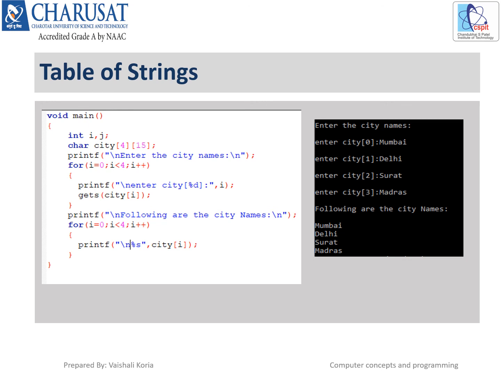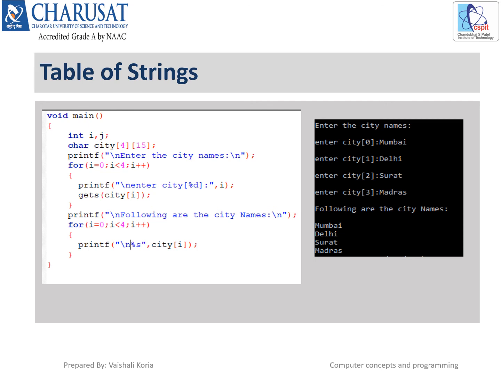Now, in the previous slide we have seen how to initialize, and how to print the entire city name or the characters. But what if we want to take the name of the city from the user? Every application doesn't require the same city names, we have to enter different city names.